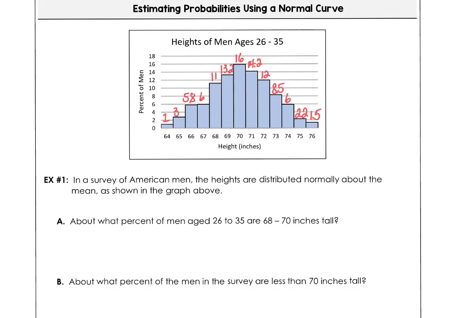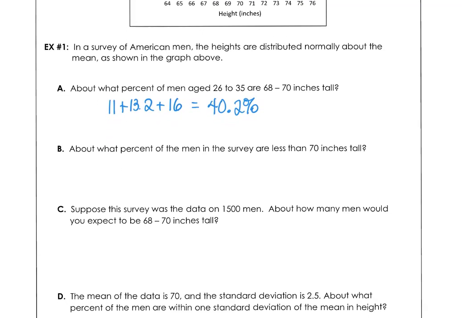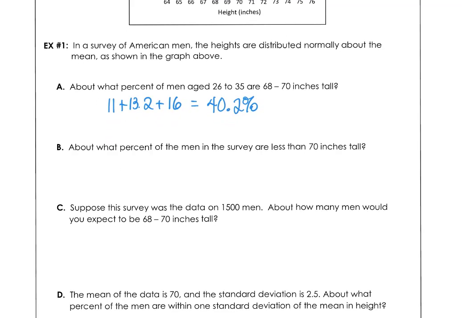And if that area represents the percent, then we could say 11%, 13.2%, and 16%, or about 40.2% of the men would be between 68 and 70 inches tall. On B, about what percent of the men in the survey are less than 70 inches tall?